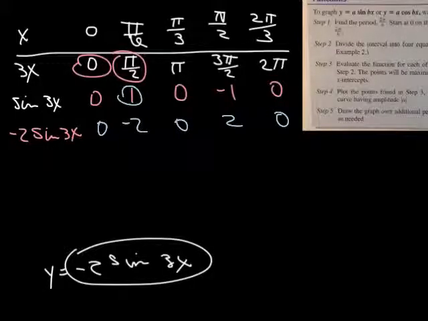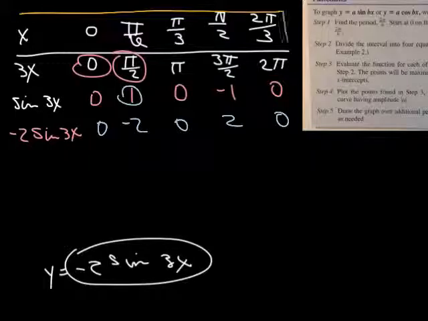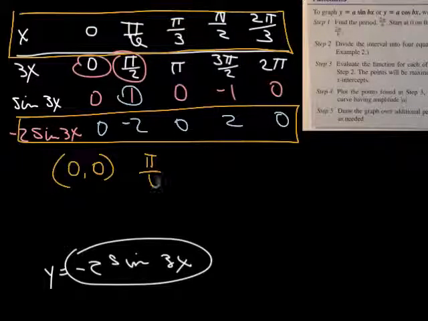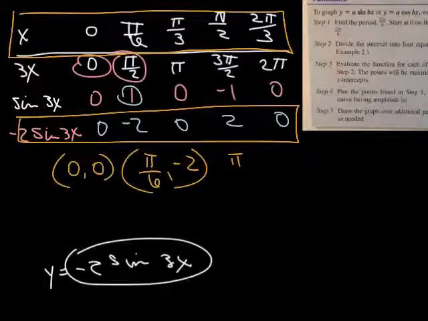So at this point, let me circle in yellow what I have. I have my x values, and I have my y values. So when x is 0, y is 0. When x is pi over 6, y is negative 2. When x is pi over 3, y is 0.